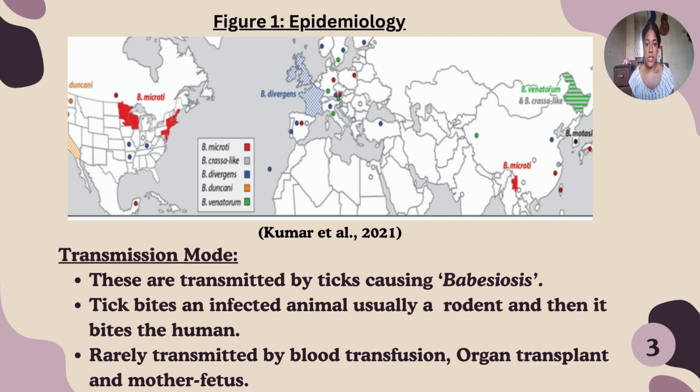It is transmitted by an infected animal such as a rodent or even your pets, cats and dogs, when it has been infected by a tick. Thus, when it bites you, or even in an exchange of saliva, once they lick an open wound, this parasite is able to enter the human host.